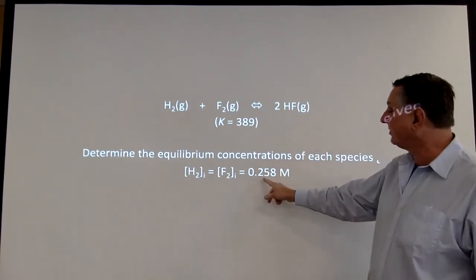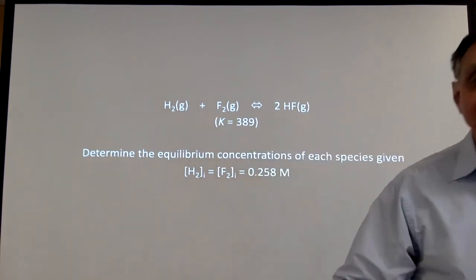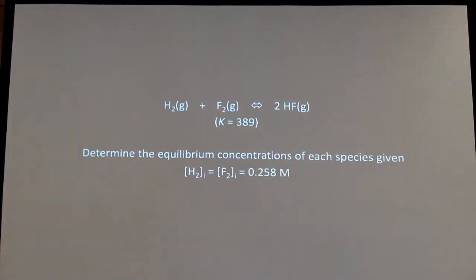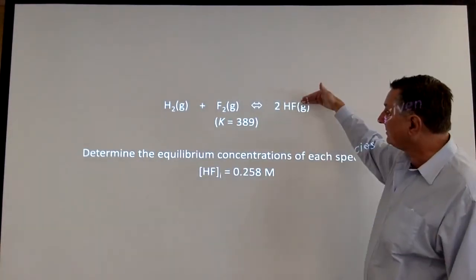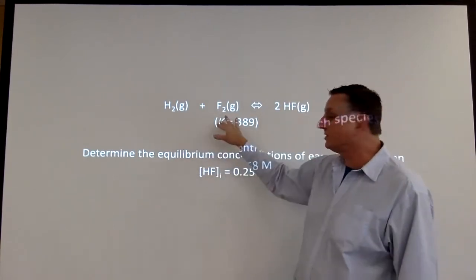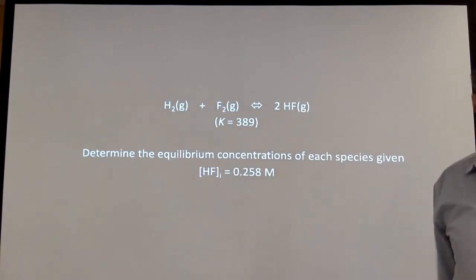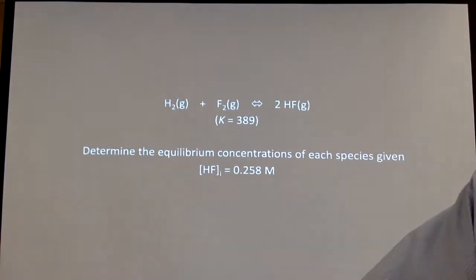We started with this concentration of hydrogen and fluorine, and the reaction shifted right, and we calculated the concentrations at equilibrium of everything. We also looked at the case with the same reaction and same equilibrium constant, but instead of starting with 0.258 molar hydrogen and fluorine, we started with 0.258 molar HF. The reaction shifts left, and we can calculate the equilibrium concentrations that way.